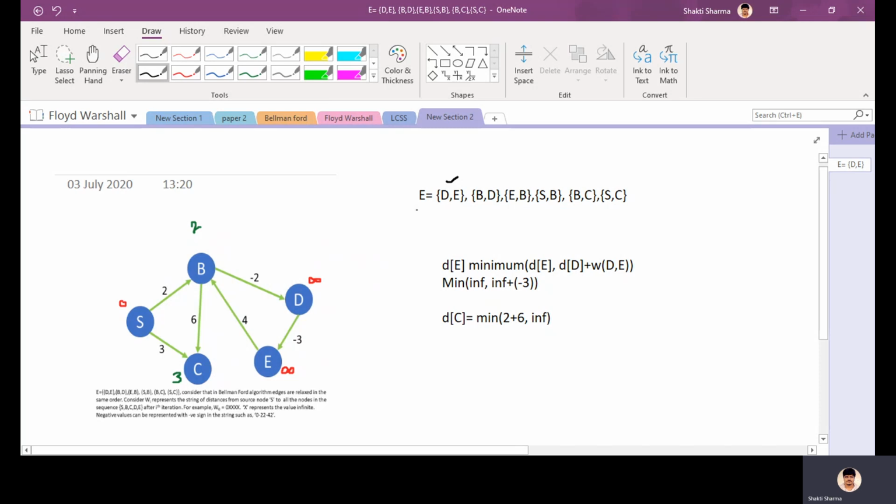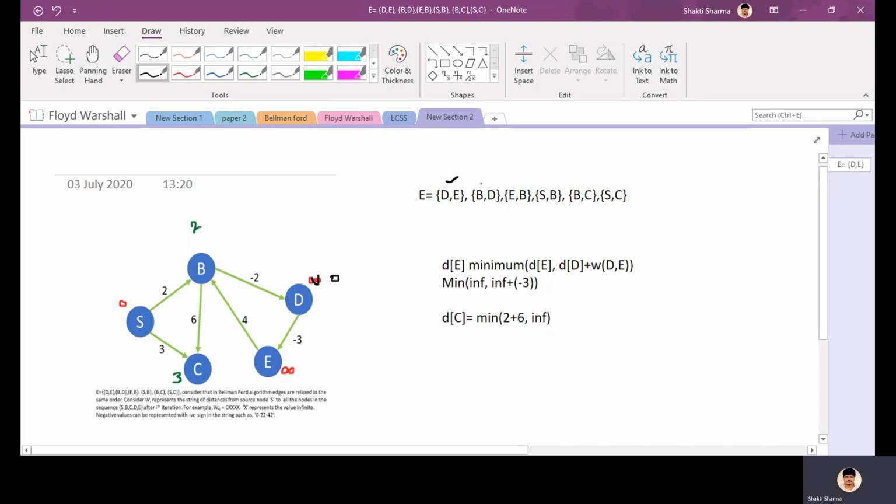In any relaxation, there are two nodes in an edge, source and destination. If the source node cost is infinite, then relaxing that edge will not give me anything. Now the next edge is BD. When I relax BD, the value will become 2 minus 2, which is 0, smaller than infinite. So I will update.